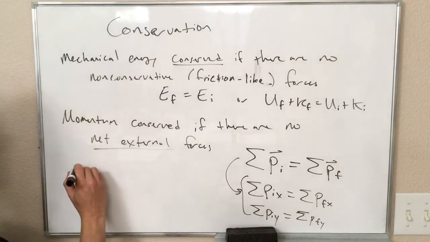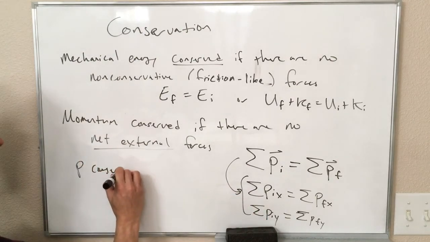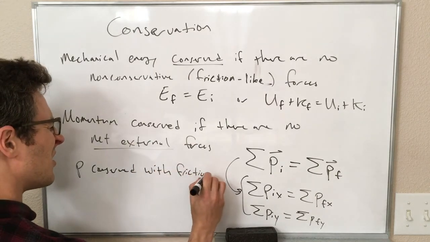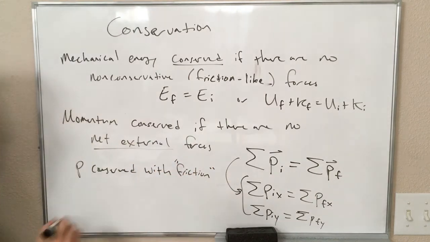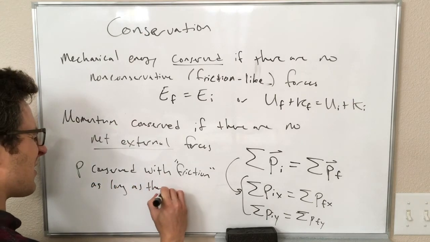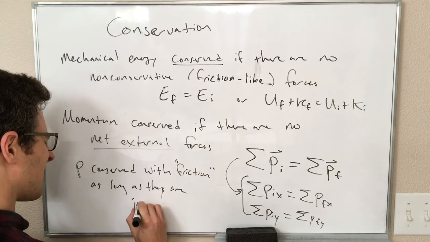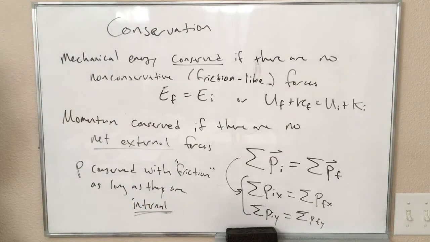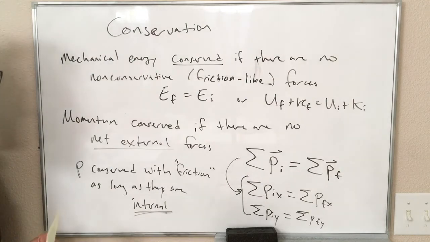So our momentum is conserved with friction-like forces as long as they are internal. And what does internal mean here? Well, that means it is not something outside of our system acting on our system. It is something inside our system acting on other parts of our system.